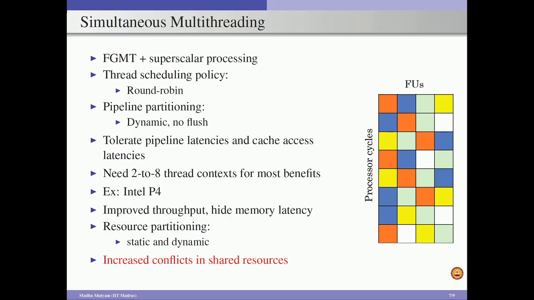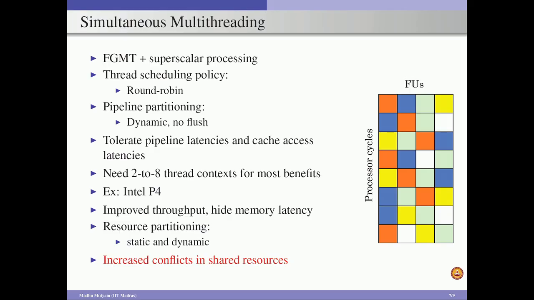In order to choose between static and dynamic, we have to consider whether fairness or performance is more important for us, and depending on our requirements, we can choose either static or dynamic partitioning. But because multiple threads are active simultaneously, and these threads can use the TLBs and the caches in a sharing mode, a significant number of conflicts may occur in the TLBs and the caches, and that may degrade the performance.